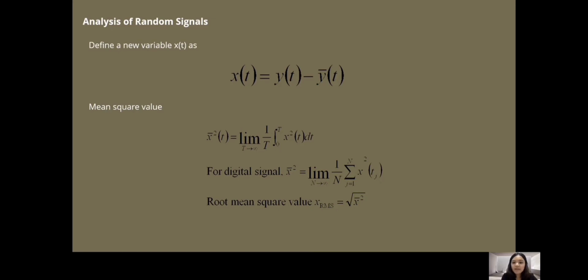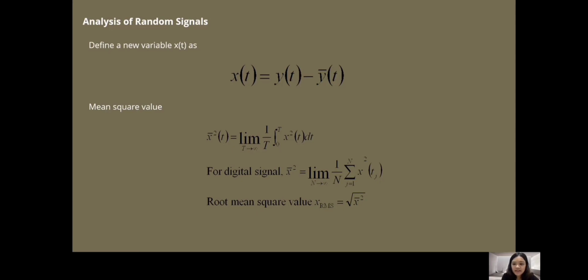So for the mean square value, we have the equation x bar squared of t is equal to the limit of 1 over T as T approaches infinity, integral of T to 0, x squared t dt.